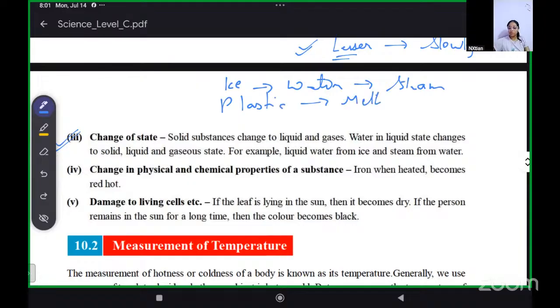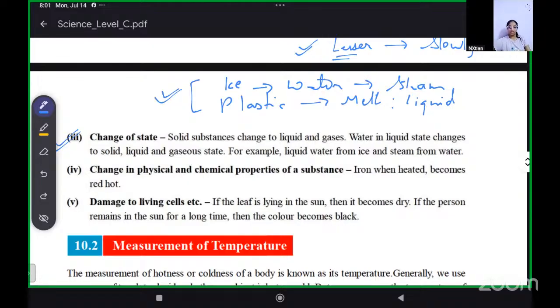From solid it will change to liquid state. The plastics that can be melted are thermoplastics. Water in liquid state changes to solid, and liquid changes to gaseous state. Change of state also happens on heating.